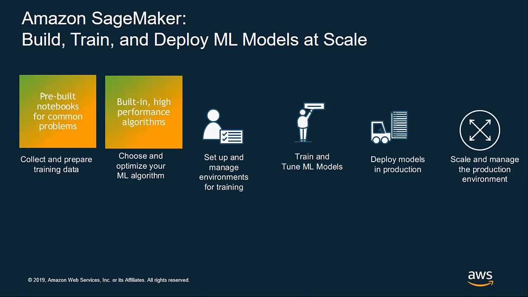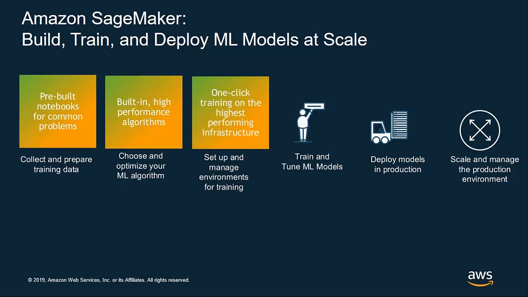In order to help you choose and optimize your machine learning algorithms, we have a selection of various built-in algorithms that have been optimized for giving you better performance. We also have an AWS Marketplace where you can buy pre-trained machine learning models or algorithms from various sellers.